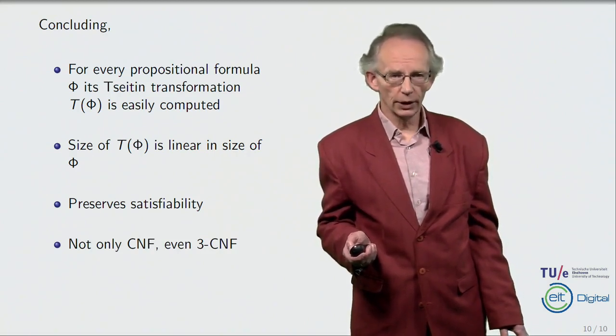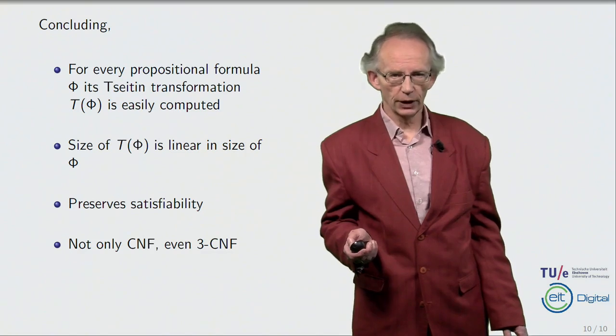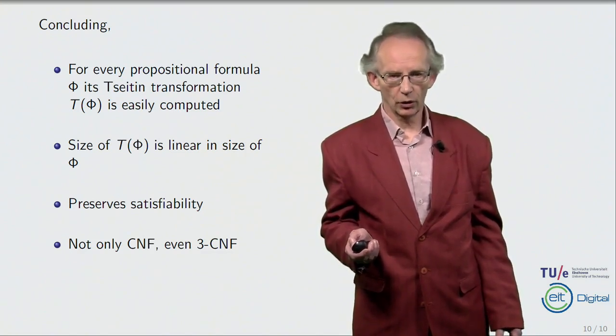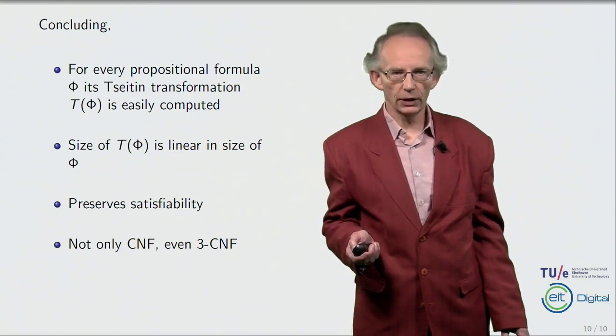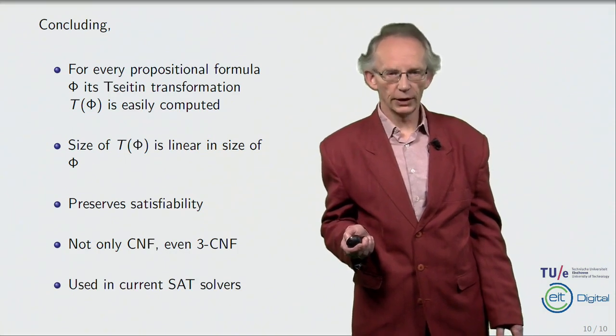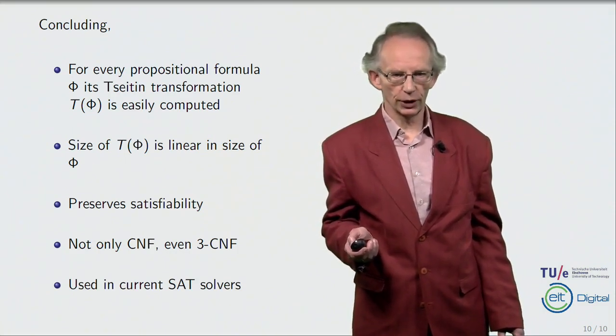And even more, it not only gives a CNF, it gives a 3CNF. All clauses occurring in Tφ have at most 3 literals. And this Tseitin transformation is used in all current SAT solvers. Thank you.